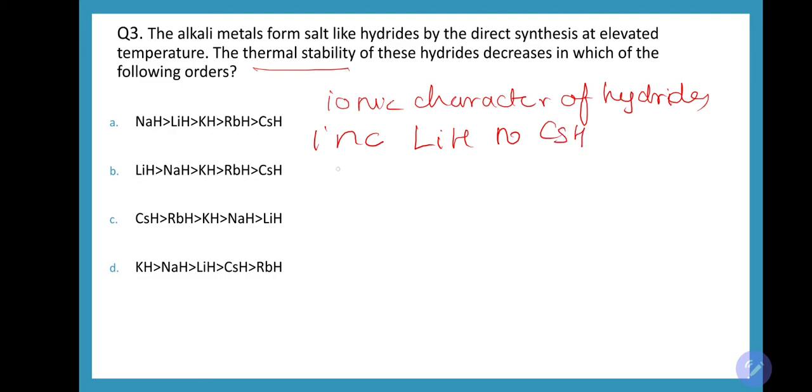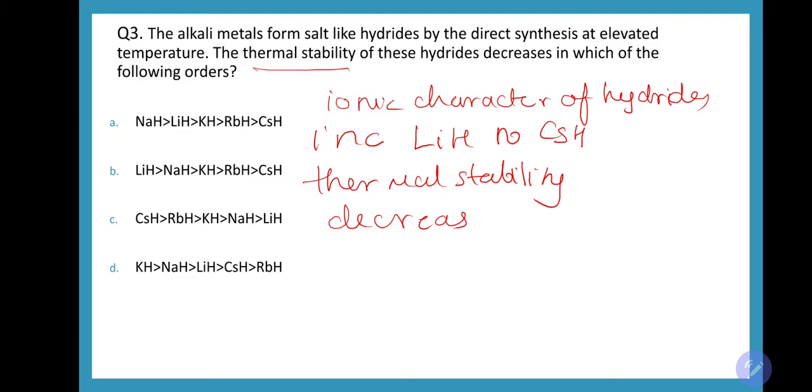So the thermal stability will decrease from lithium hydride to cesium hydride. So you can see it is LiH, then NaH, then KH, then rubidium hydride and then cesium hydride.